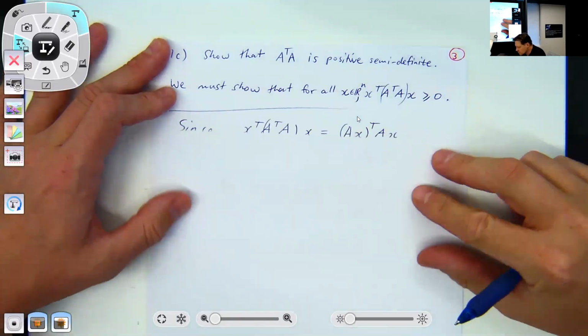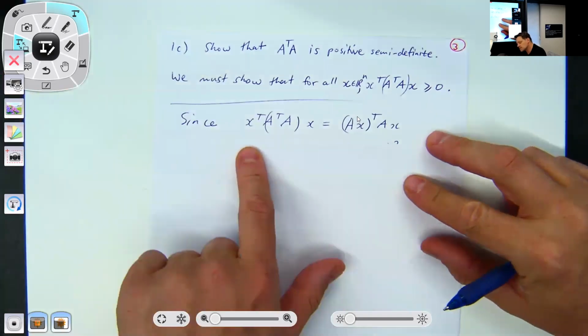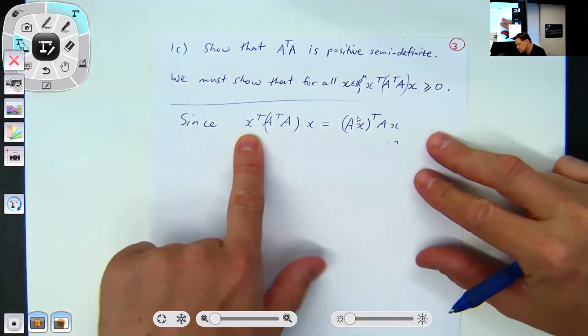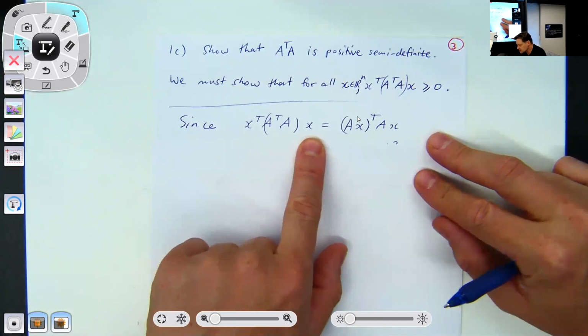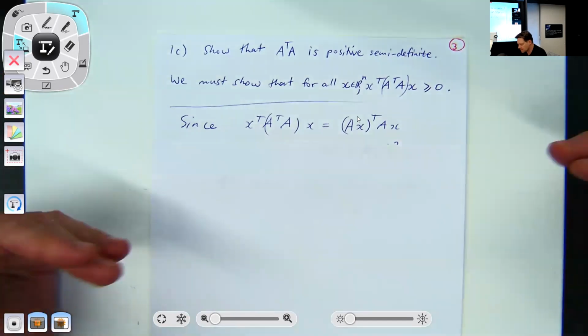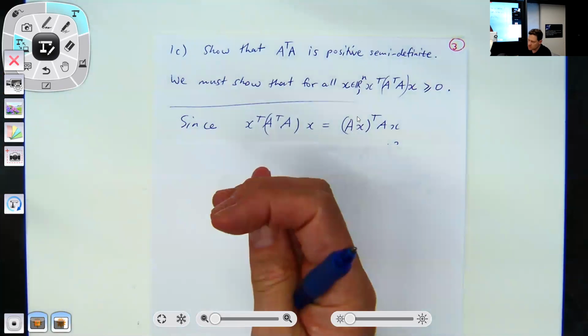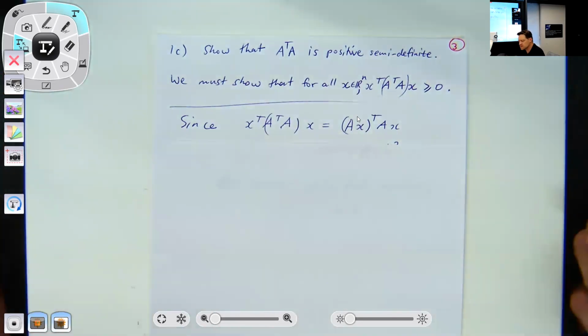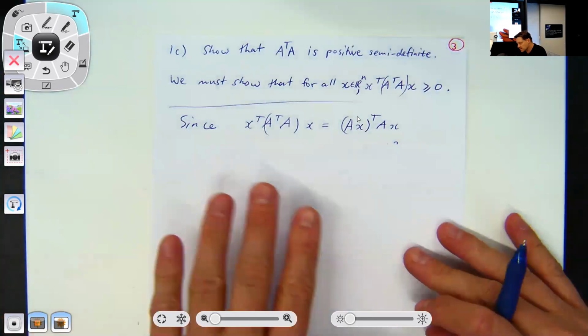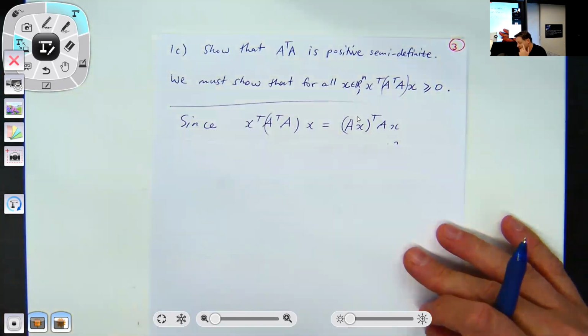Okay, so what we do then is make a note that X transpose A times X is, now we just move the brackets, right? Because the multiplication is associative. So we move the brackets around these two, and then we note that that's AX all transposed, okay?